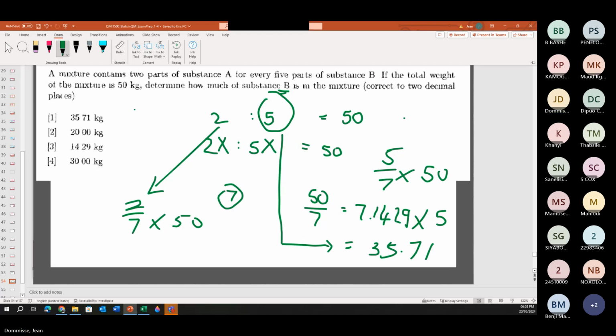Okay. And again, for some of you, they can ask you, because we know the questions are a bit random. For some of you, they can ask the 2 out of a 7. For others, they can ask a 5 out of a 7.